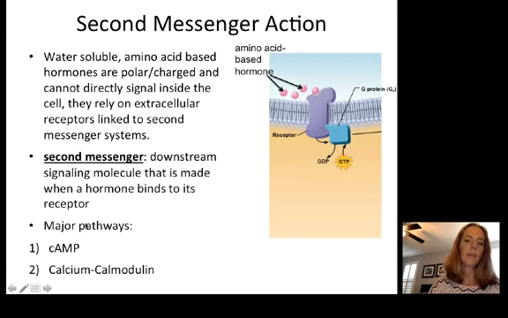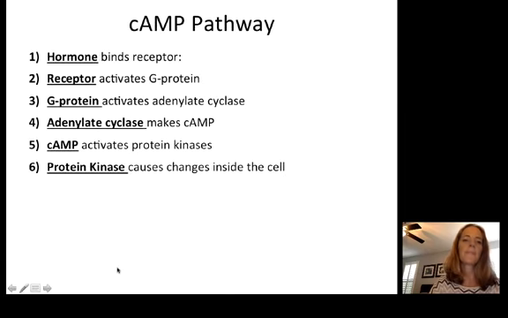We have two second messenger pathways, the cyclic AMP pathway and the calcium calmodulin pathway. In the cyclic AMP pathway, the hormone will bind to a receptor. It's a G protein coupled receptor, meaning that when the hormone binds to the receptor, it makes a change in that receptor. We call that a conformational change from the binding.